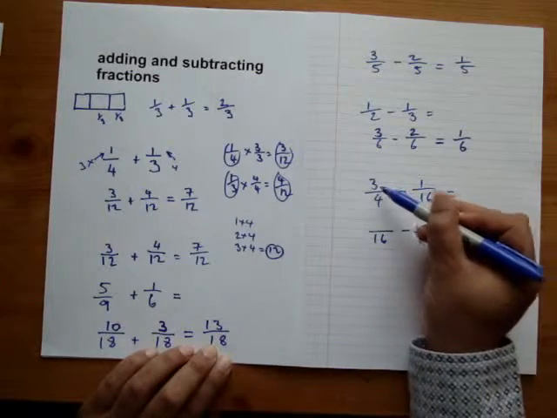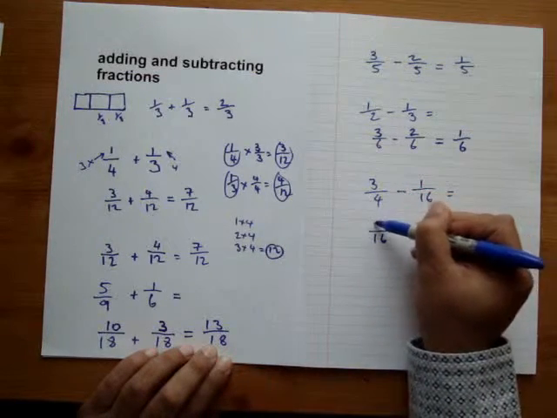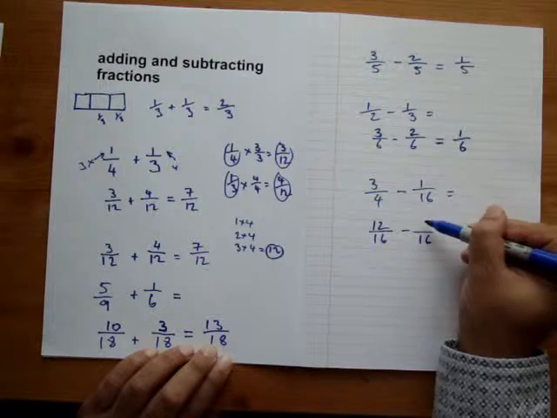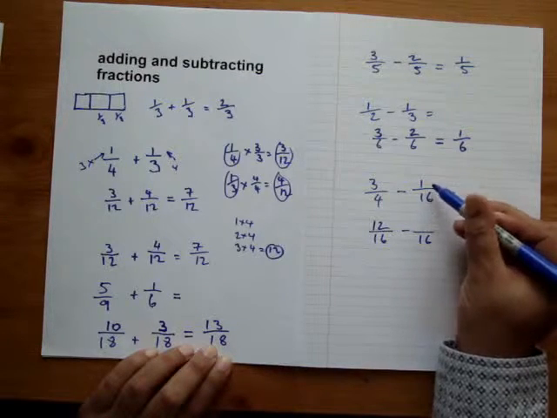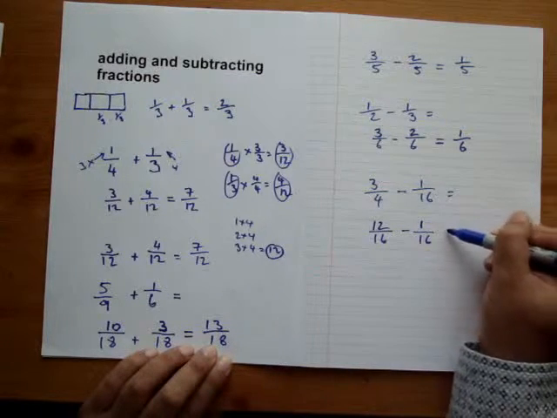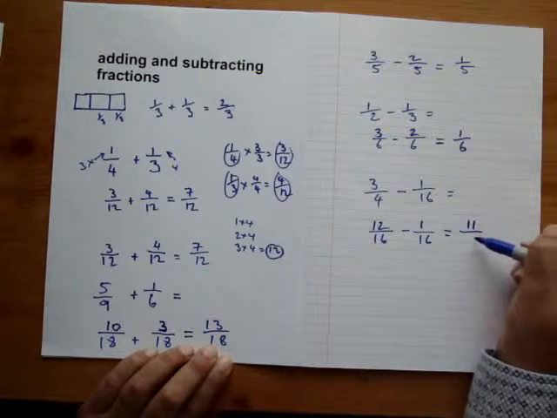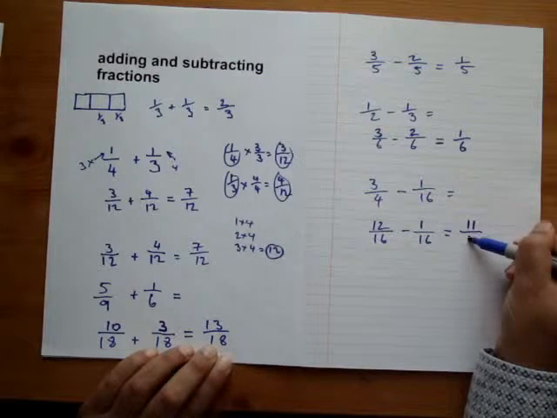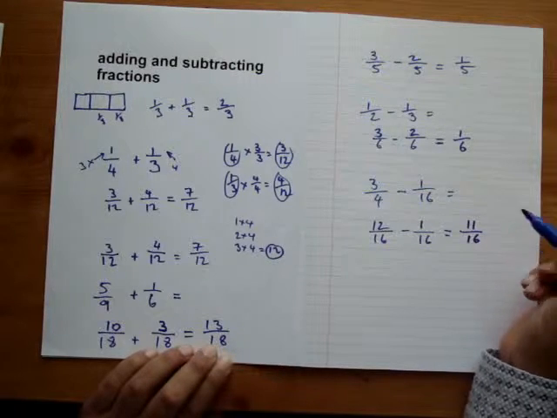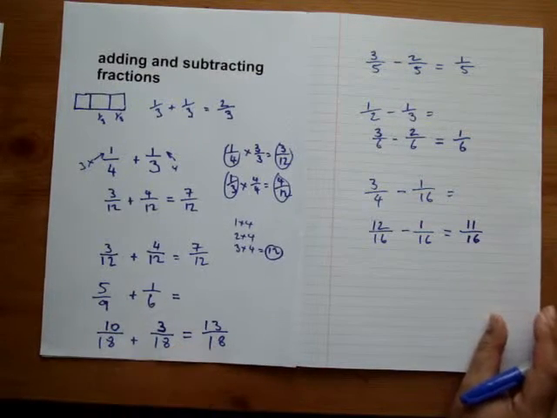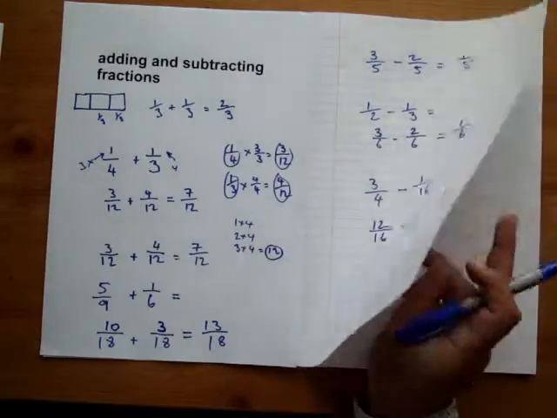Multiply by 4. So multiply the 3 by 4 and we get 12. For the 16, that was just 1, so multiply 1 by 1, remains 1. 12 minus 1 is 11. And the denominator in addition and subtraction remains the same. So 11 over 16.